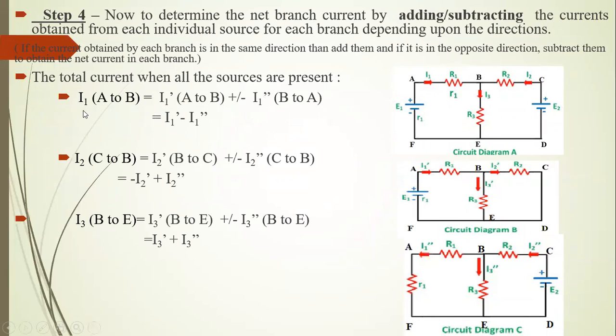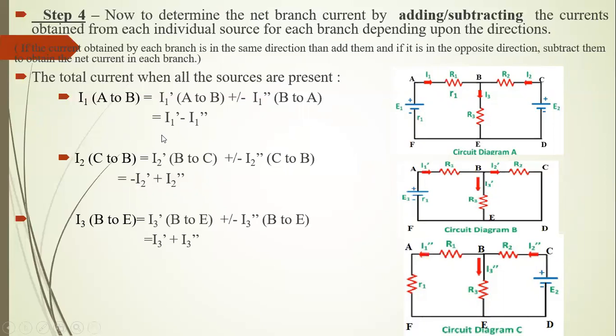Now, I1 we have considered in step number 1 as flowing from A to B. In step number 2, you can see that I1 dash also flows from A to B, so I1 dash will be positive here, and I1 double dash flows from B to A. That means it is opposite to the direction we assumed, so its sign will be negative.